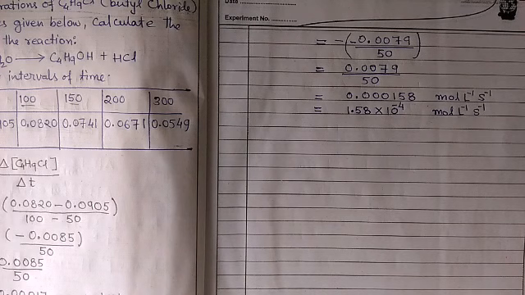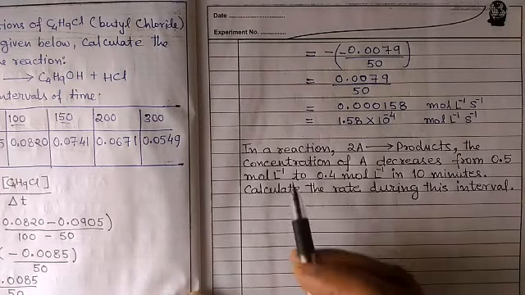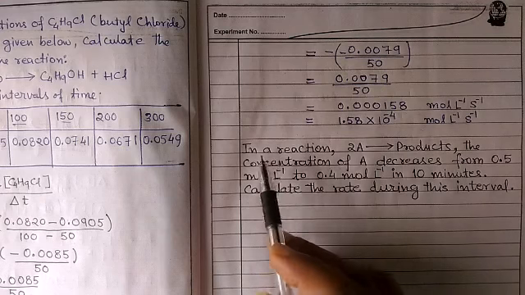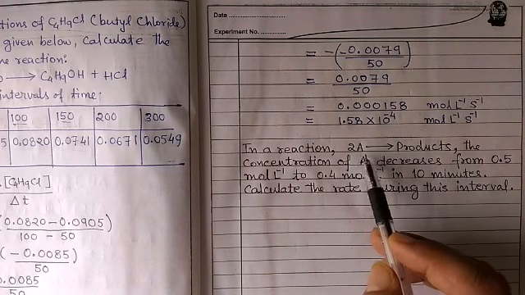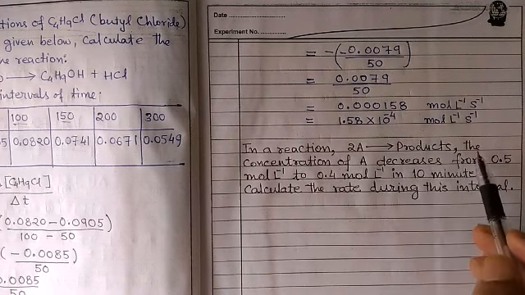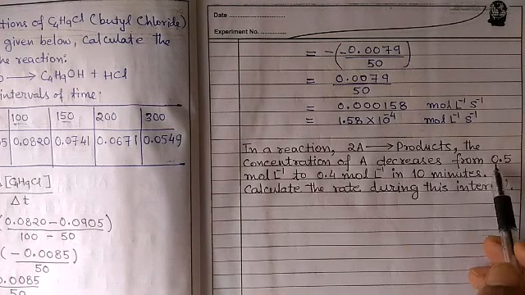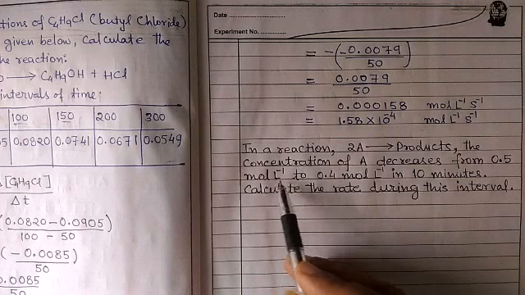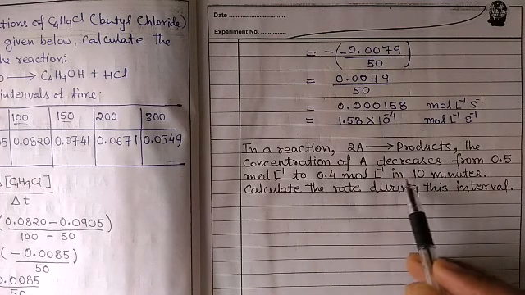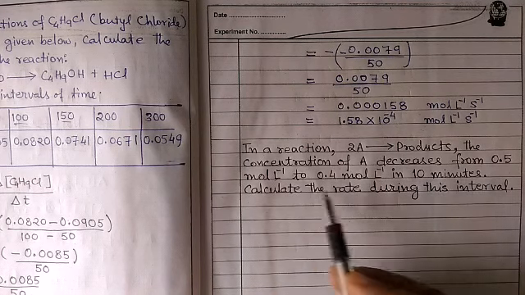Now let's consider one more numerical from the textbook. Now this question says, in a reaction 2A gives products, the concentration of A decreases from 0.5 mole per liter to 0.4 mole per liter in 10 minutes.